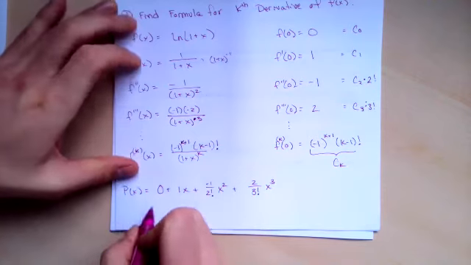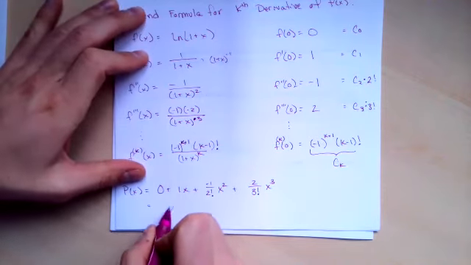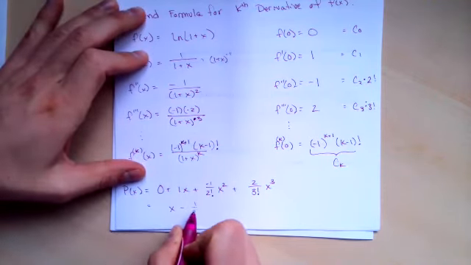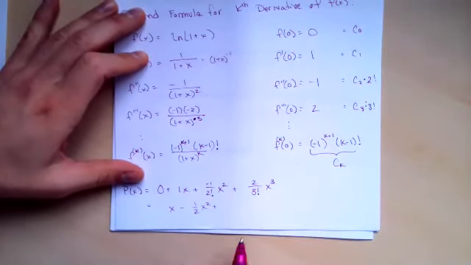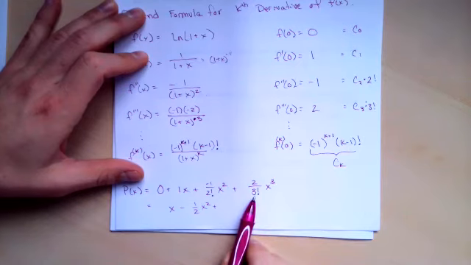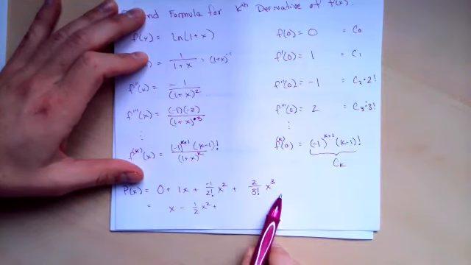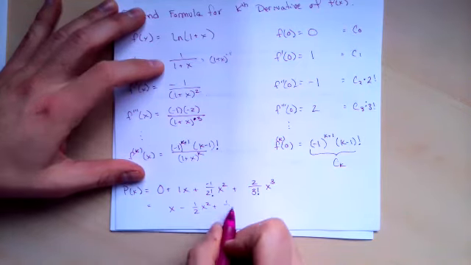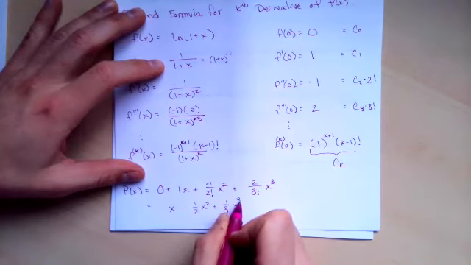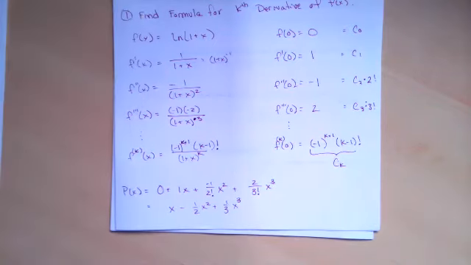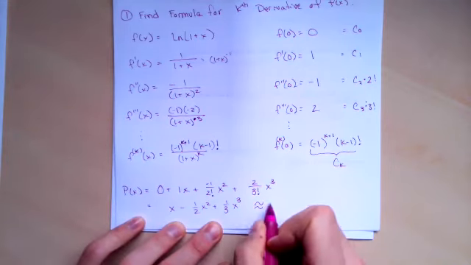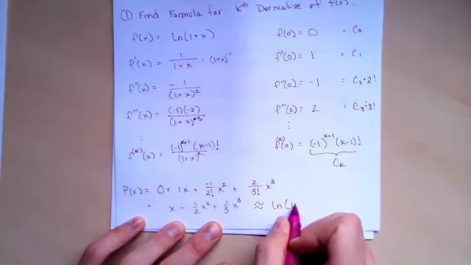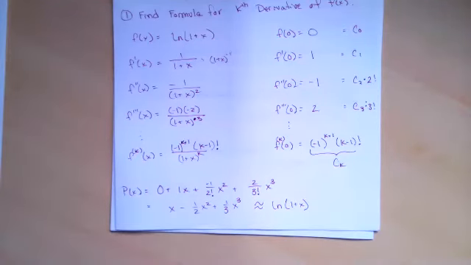And so simplifying those guys, our polynomial is just going to be x minus 1/2 x squared plus, so 2 over 3 factorial. 3 factorial is 3 times 2 times 1, so the 2's will cancel, just 1/3 x cubed. And this polynomial is close to the function natural log of 1 plus x.